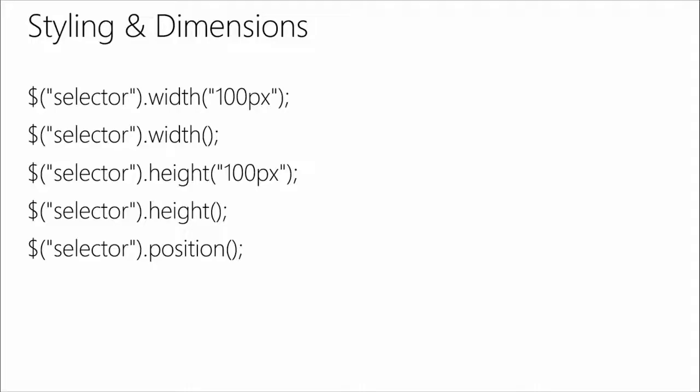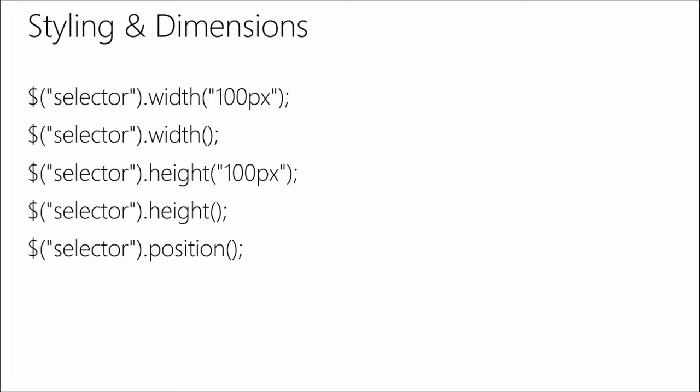Let's see. We did the appending and prepending of the class, working with the data of the attributes. But now we can work on styling and dimensions of attributes. So again, the same selectors, with height and position. Position will give you back a nice little multi-part piece of data that you could work with.